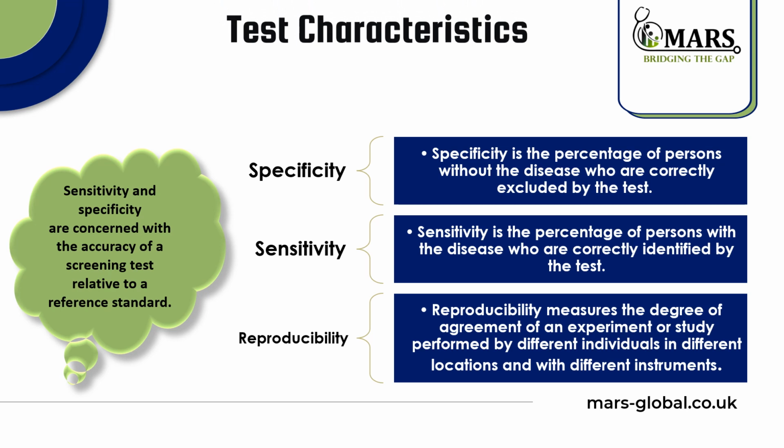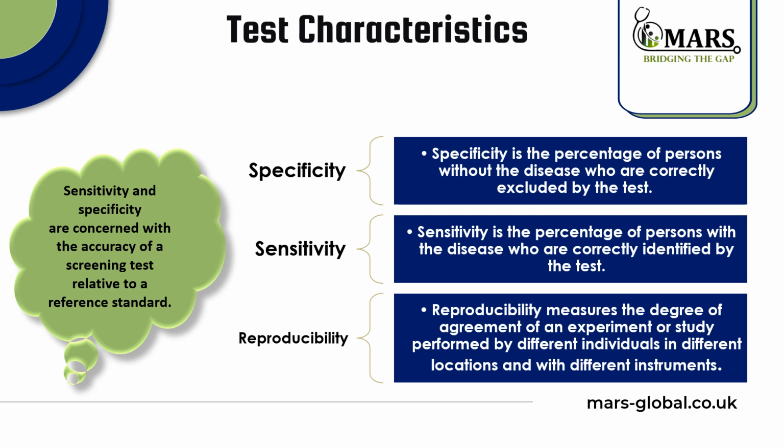So, test characteristics. Earlier discussed that there are three specific test characteristics that determine the efficacy of the diagnostic test. Firstly, the specificity. Specificity is the percentage of persons without the disease who are correctly excluded by the test. Sensitivity.